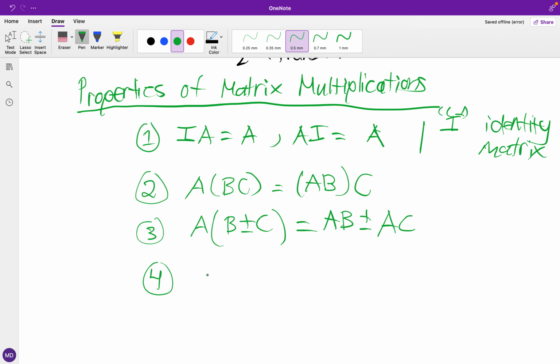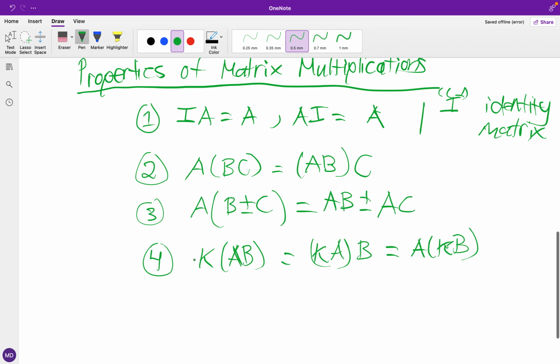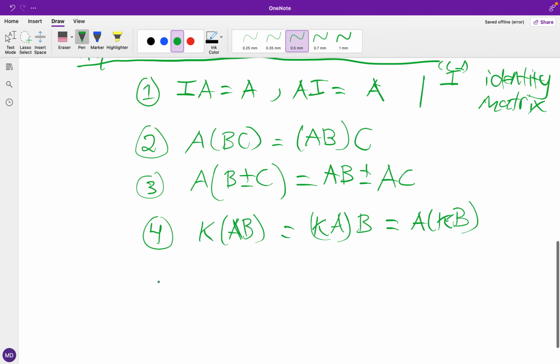And property 4 is that you can multiply any scalar by the matrix, and this should be the exact same as kA times B, or A times kB. It doesn't matter if you multiply one of the matrices by a scalar, it won't change the overall product or the order.